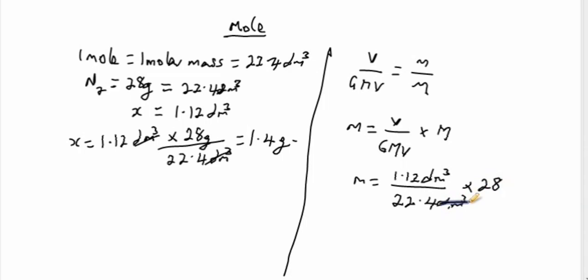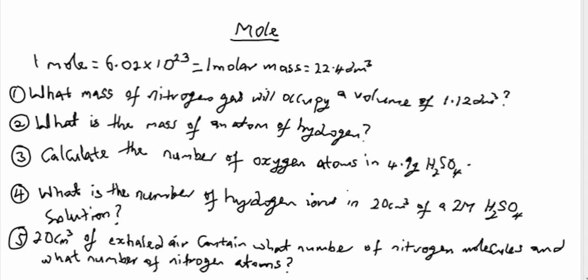So dm cube will cancel dm cube, and this will give us the same answer, which is 1.4 grams of nitrogen.